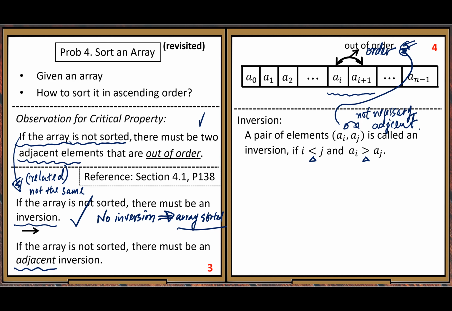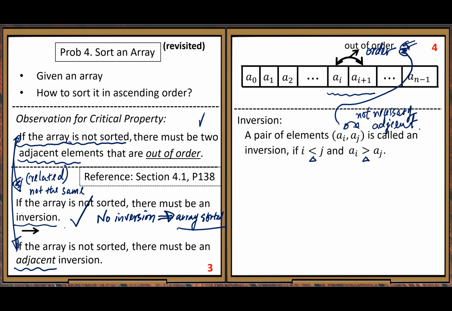Two versions. Both statements are correct. And the second statement is the same as the previous property we discovered. So here I write two different statements, but they are equivalent. One, I do not say an adjacent inversion.